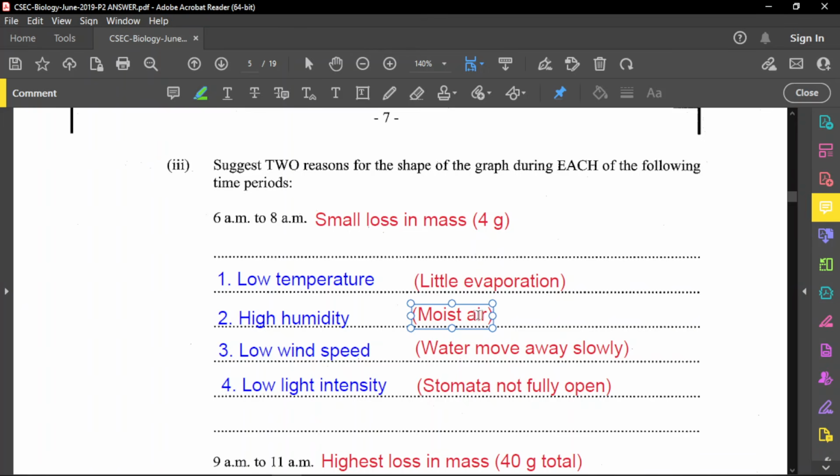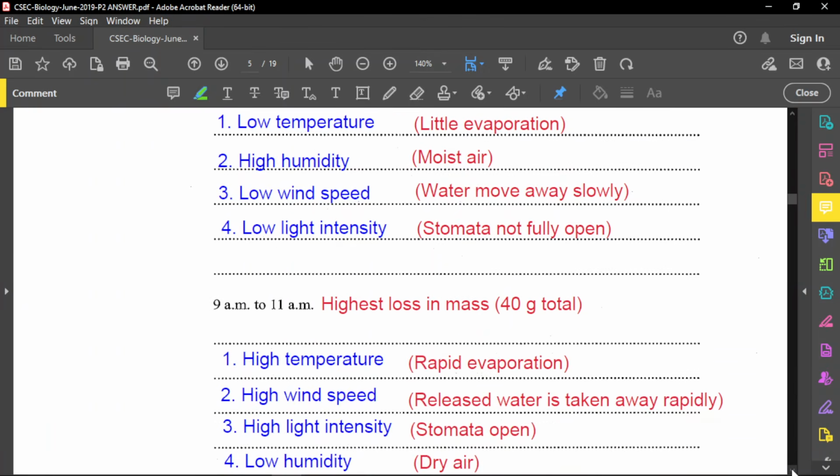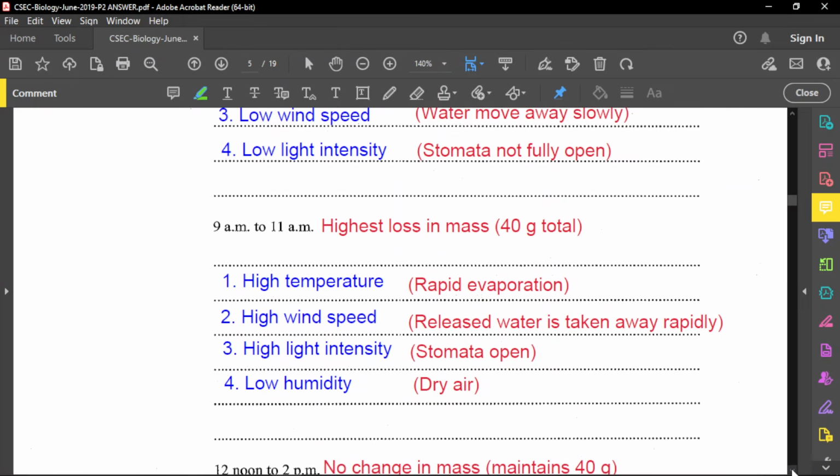Because the atmosphere will already be saturated with water. Low wind speed. And since you have low wind speed, water will move slowly away from the plant. All right. And if you have low light intensity, then the stomata will not fully open, because remember that light stimulates the opening of the stomata, right? And once the stomata are closed, then you have a reduction in transpiration.